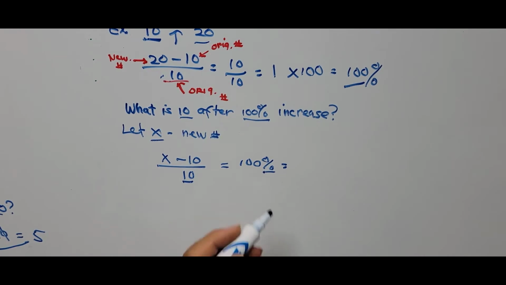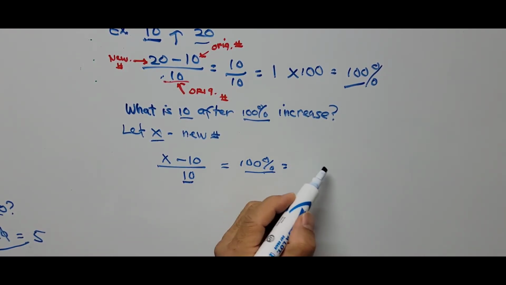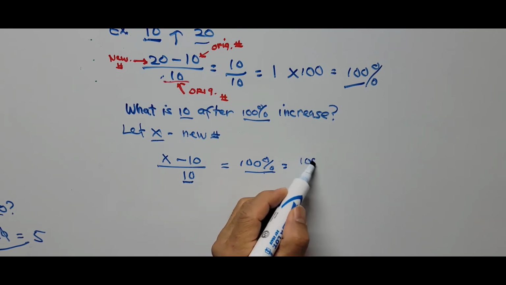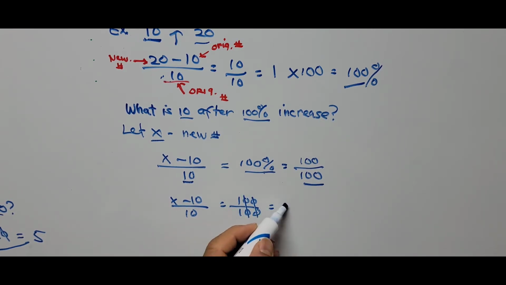The equivalent fraction of 100% is 1. Let's say that is 100 over 100. Substitute that value over here, on the right of the equation. We have now x minus 10 divided by 10 equals 100 over 100, or simply 1, since we're canceling the zeros right there.